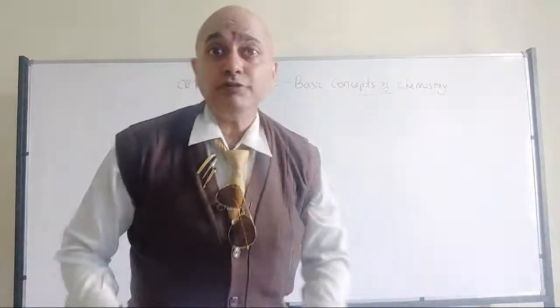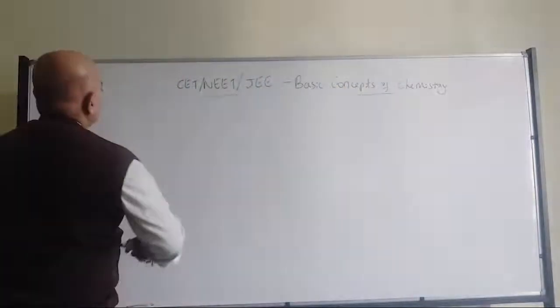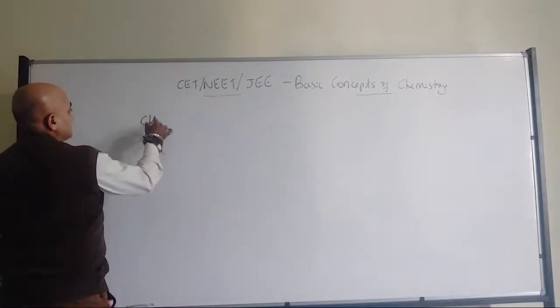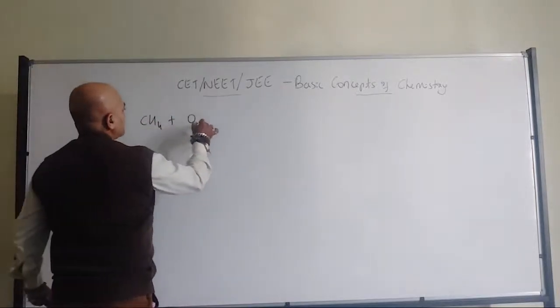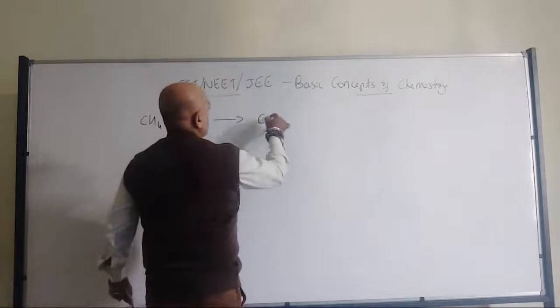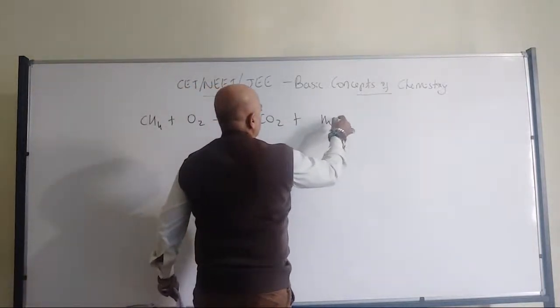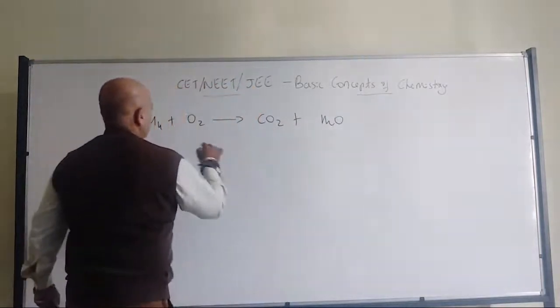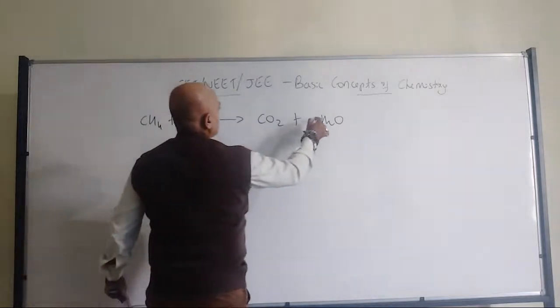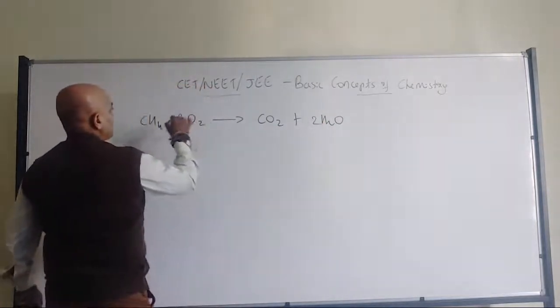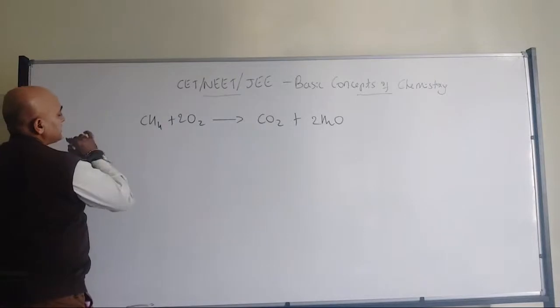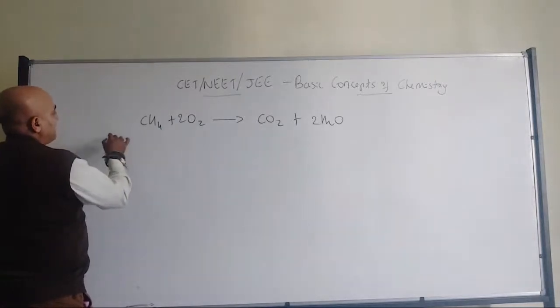So I am going back to the previous one. That is CH4 plus oxygen gives carbon dioxide plus water, so 2O2 and 2H2O. Here we will take 24.7 because they have asked room temperature.